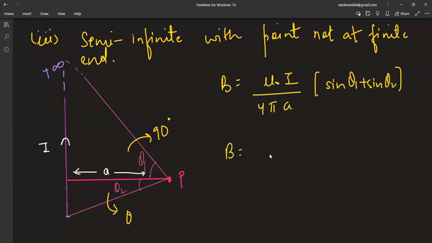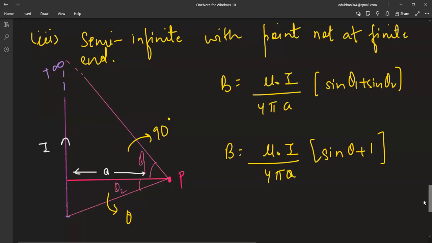So this becomes mu naught I by 4 pi A, and sine 90 becomes 1, so this becomes sine θ plus 1. This is not included in CBSE because in CBSE you just have the point towards the finite end.